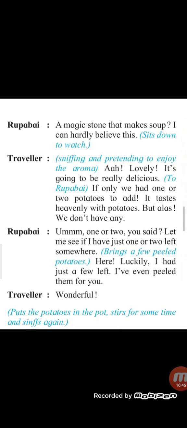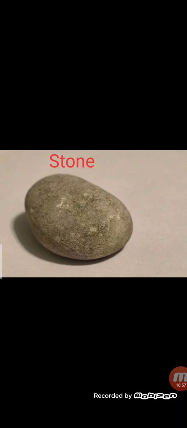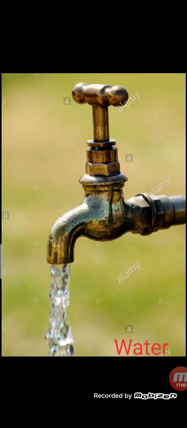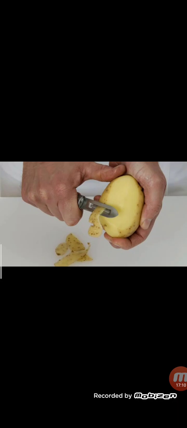Okay, students, see, I'll show you with the help of the picture. Here is a big cooking pot, as he told. He says that he's got a stone. He puts that stone in that pot, and he also gets water and puts water in it, and some potatoes.